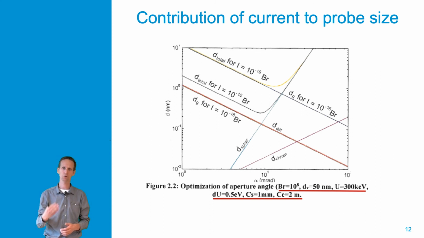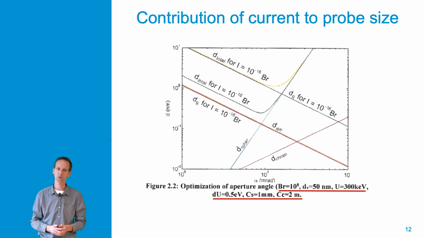If we assume a certain virtual source size, in this case 50 nanometer, and a certain operating voltage of our beam, the voltage with which the electrons hit the sample. We assume a certain energy spread, a spherical aberration coefficient and a chromatic aberration coefficient for the electron microscope itself. Then we can indicate all these different contributions to the probe size in one figure. And this is what is depicted in the figure you see here.